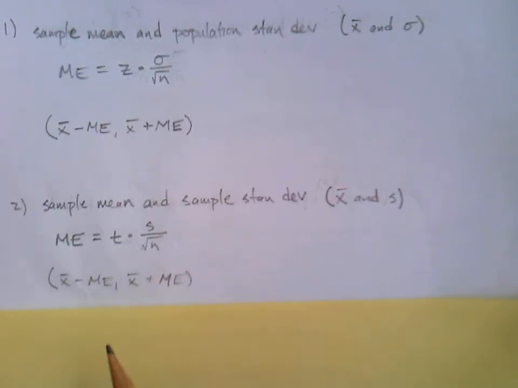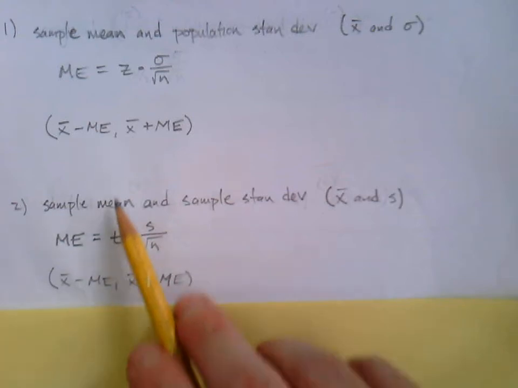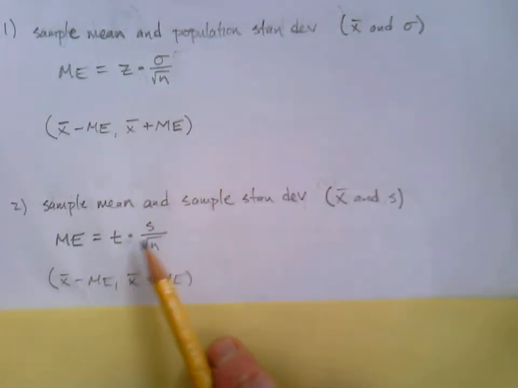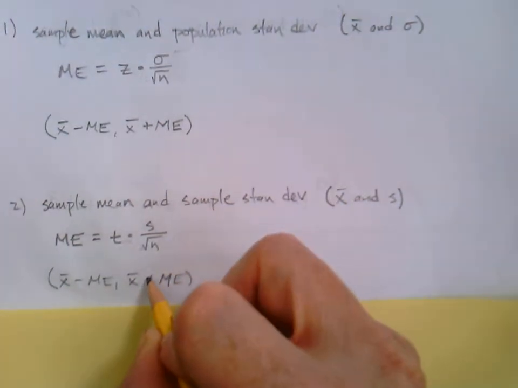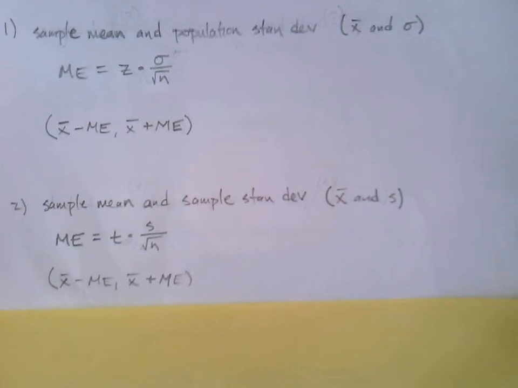So the margin of error formula changes a little bit. It's no longer a z-score but a t, and it's no longer a sigma but now an s, still divided by the square root of the sample size. Once you have that margin of error, you can subtract and add that number with your sample mean to get your confidence interval, where it starts and where it stops.